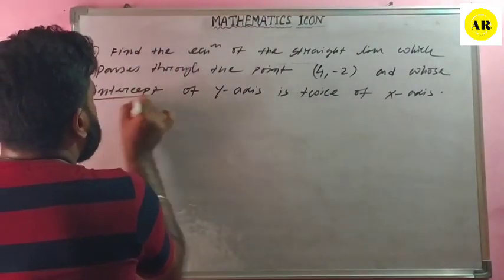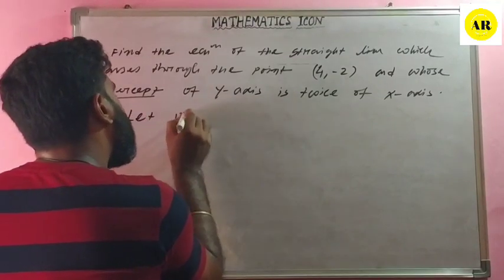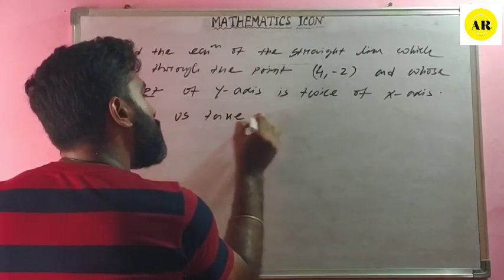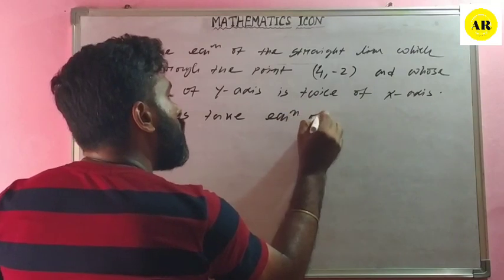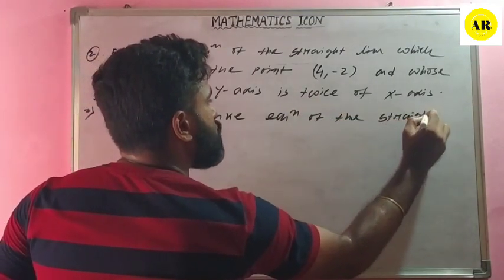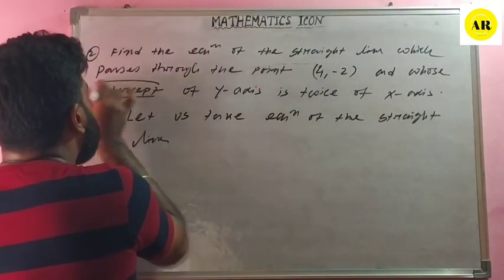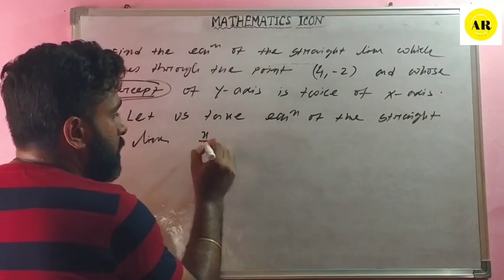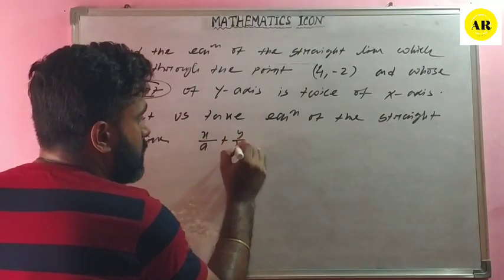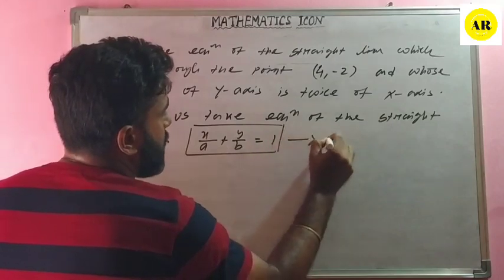So if this intercept word is used, then let us take the equation of the straight line, assume the formation of the straight line. You know the formation, when the intercept word is used then x by a plus y by b equals to 1. You have to use this formation. Equation number 1.